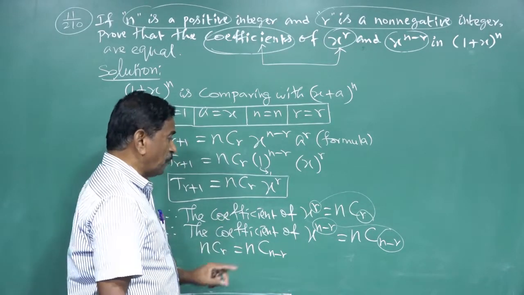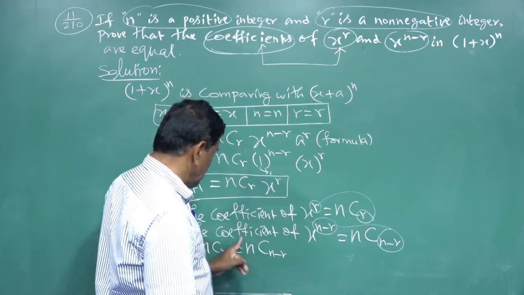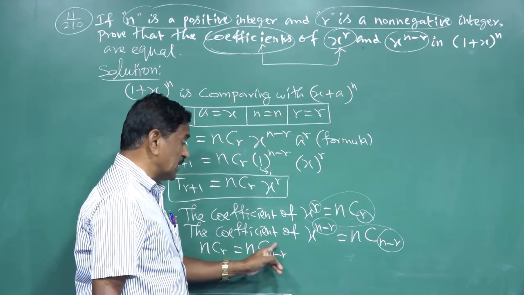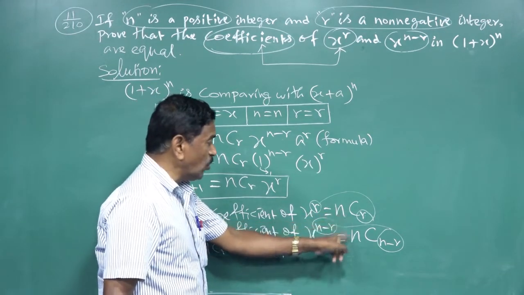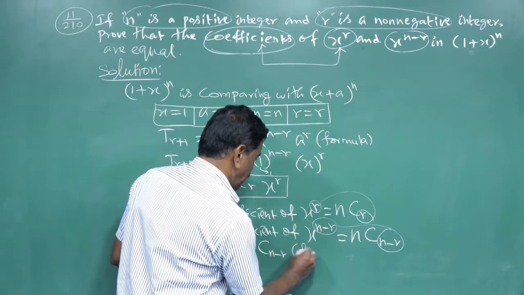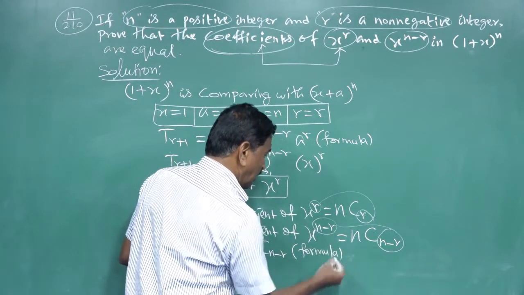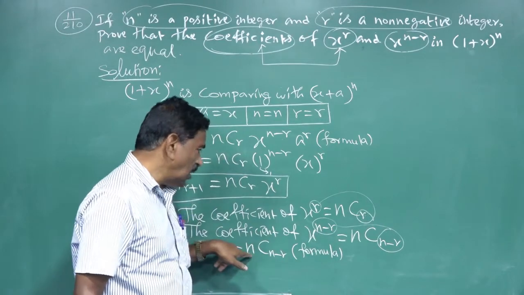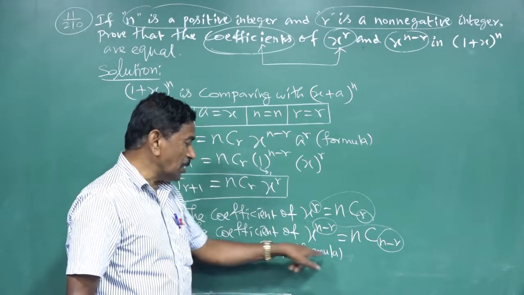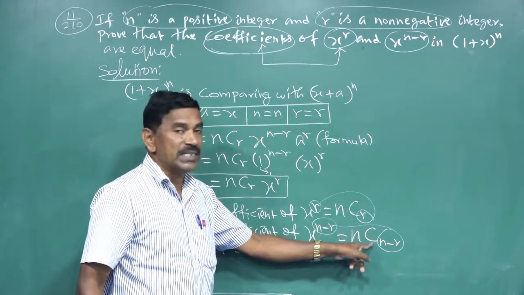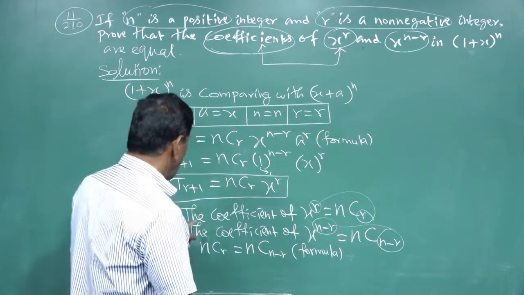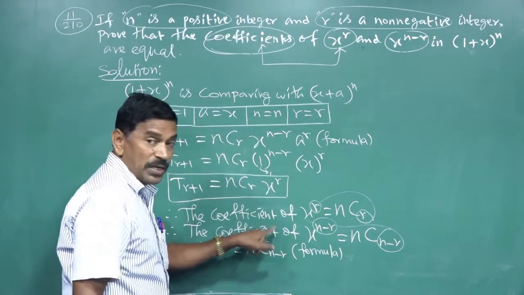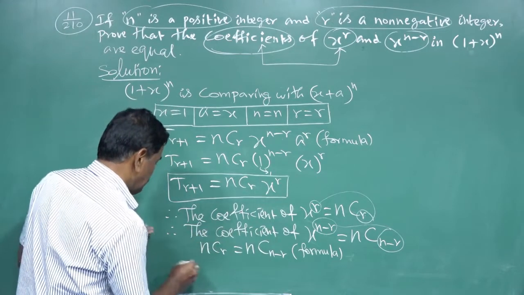Therefore these two are equal. We can write the formula: from these two answers, the RHS are equal because of the formula nCr equal to nC(n minus r).